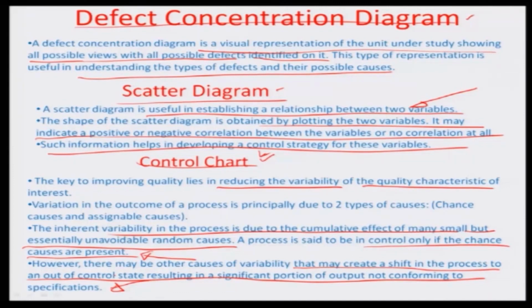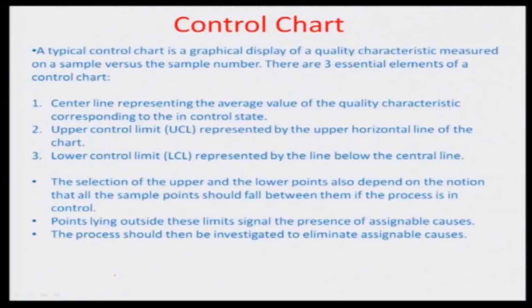And how do we plot this control chart is a very critical issue. A typical control chart is a graphical display of a certain quality characteristic, which is either a measured quality characteristic or a visually acceptable or unacceptable kind of characteristic.